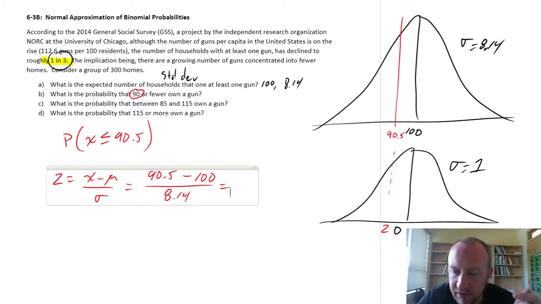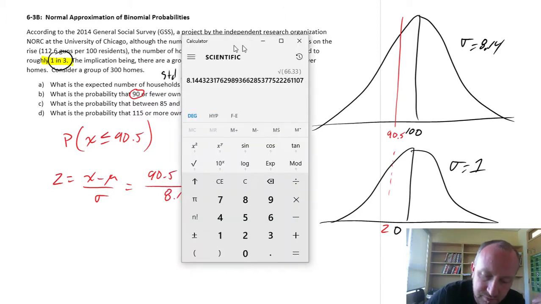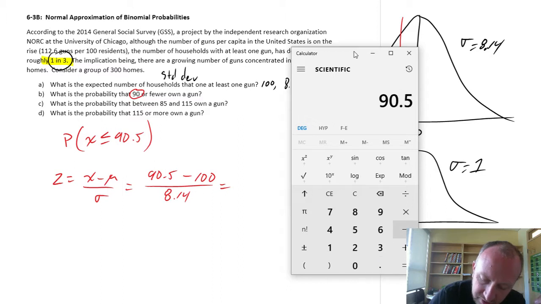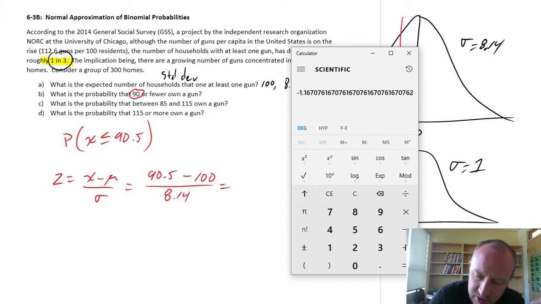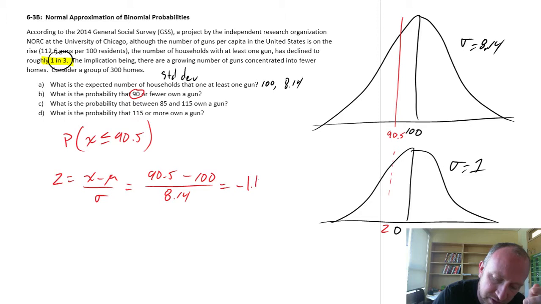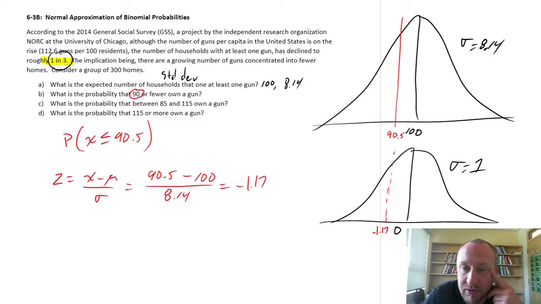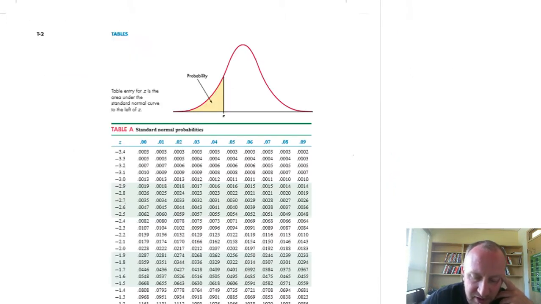So 90.5 minus 100, divided by 8.14, gives us about negative 1.17. The probability that 90 or fewer households own a gun would be this area to the left.